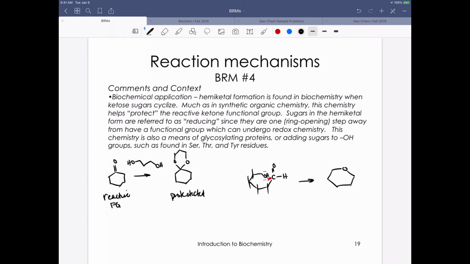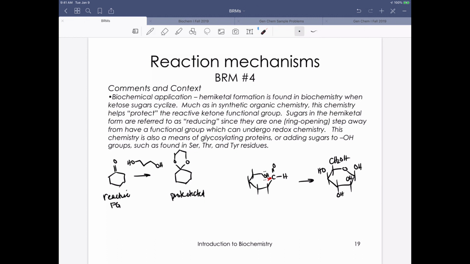And this might look familiar because this is basically how we're going to make cyclized sugars. And so this again is a way to protect the reactive functional group of sugars and allow them to not be subject to doing chemistry. So again, this is the ring opening and ring closing that we see with sugars.